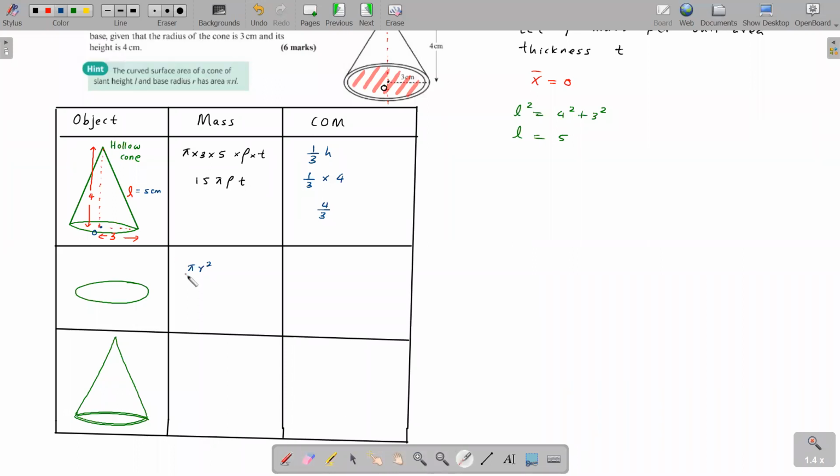So it's pi r square, guys. And then also remember, we need to multiply by rho, the mass, and thickness. As I told you, the thickness is going to be uniform for all the objects. Okay, so even for the circular base. Okay, so input the value, radius is 3. So pi into 3 square into rho t, that's going to be 9 pi rho t.